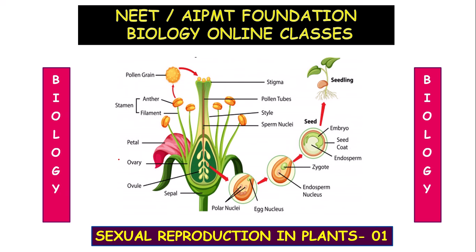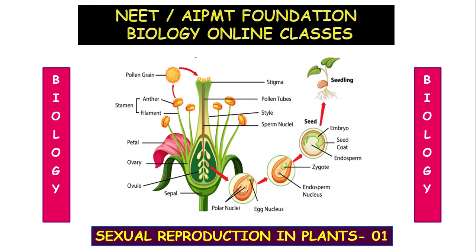So, this is a biology session. We are going to discuss sexual reproduction in plants. In your lower classes, you have studied the different parts and functions of plants. In this particular lesson we are going to stress the sexual reproduction in plants.